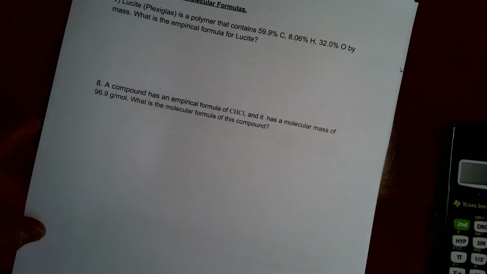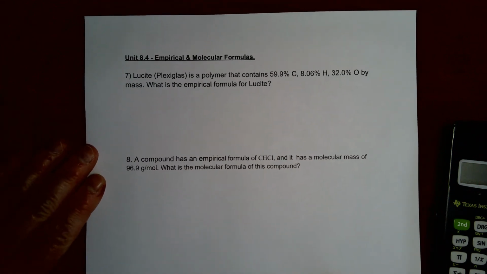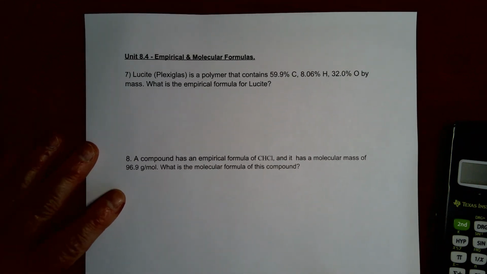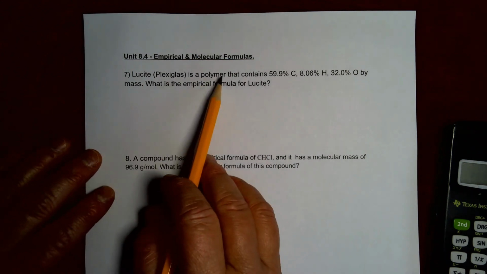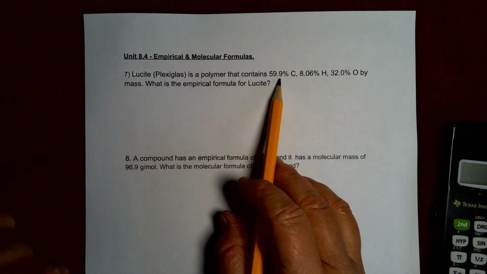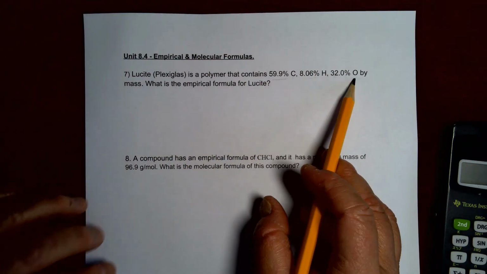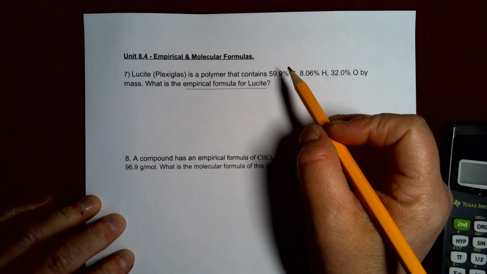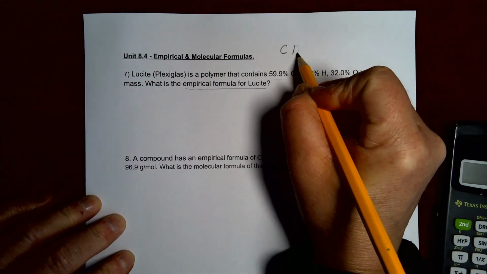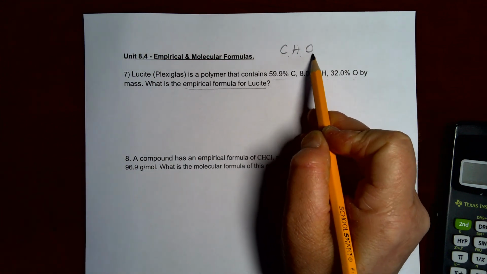And let's take a look at the most recent section of the unit, empirical and molecular formulas. Lucite, which is plexiglass, it's a polymer that contains these percentages of these three elements, carbon, hydrogen, and oxygen. What is the empirical formula? So remember, empirical formula is a formula of some number of carbons to some number of hydrogens to some number of oxygens.